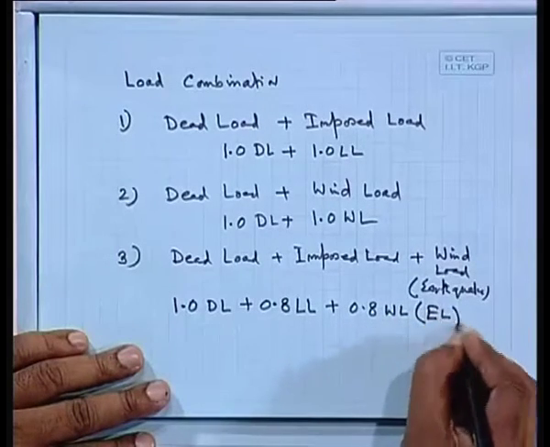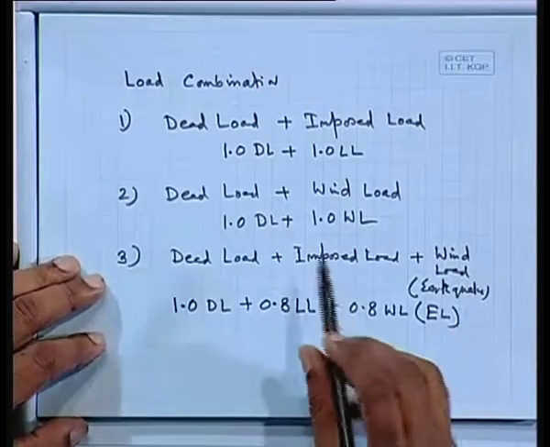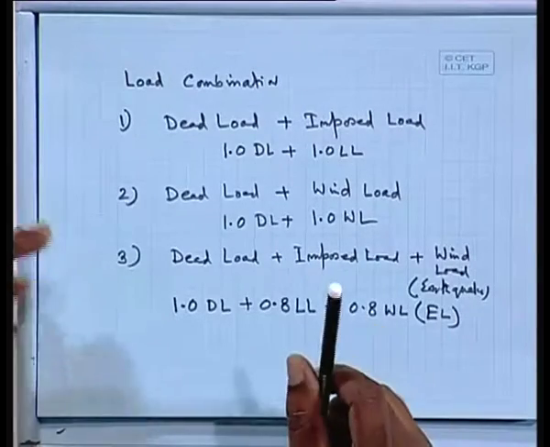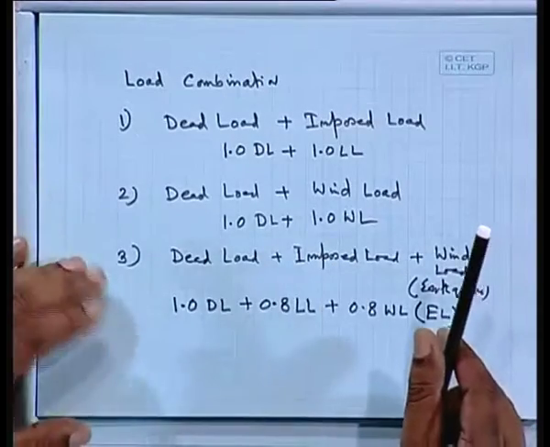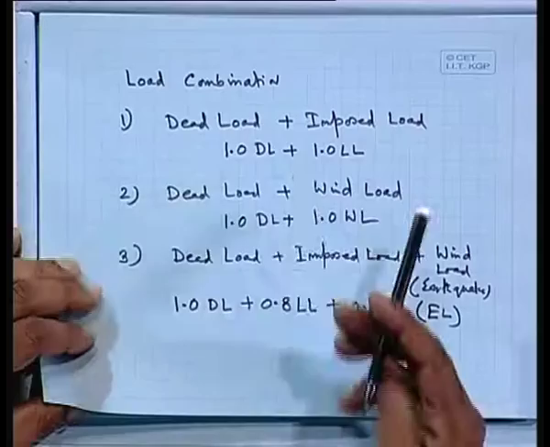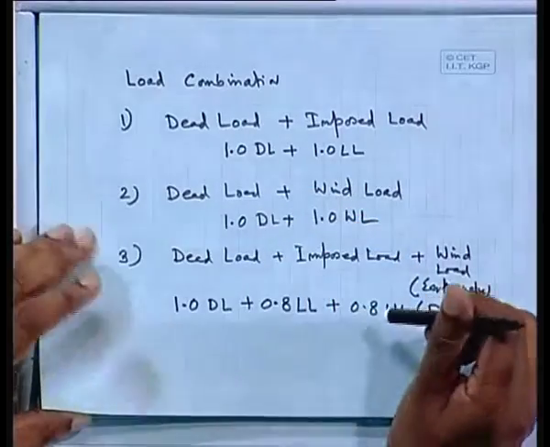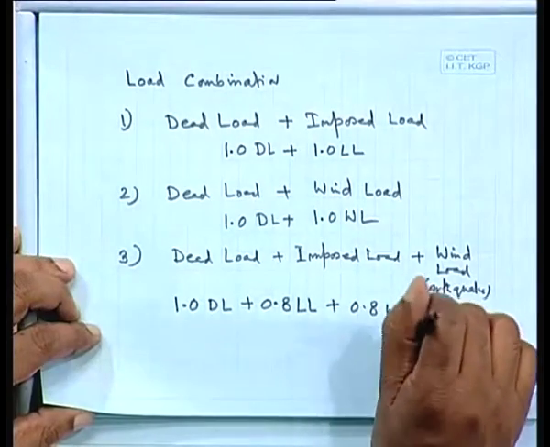or earthquake load. What I would like to say here is, whenever you are doing analysis, you have to find out different cases, which one is the governing one. You have to get different load cases. For this building, these are the 3 different load cases we generally get.